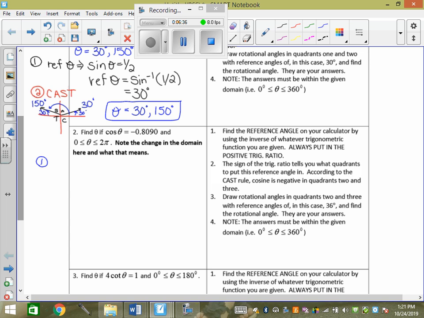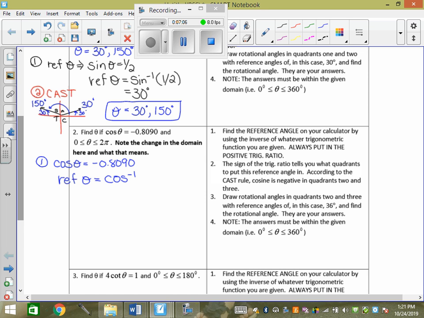Because it's already by itself, right? So I have cos theta equals negative 0.8090. But I want the reference angle. So reference theta equals cos inverse of... And what do I take to get the reference angle every single time? Which quadrant always gets you the reference angle?